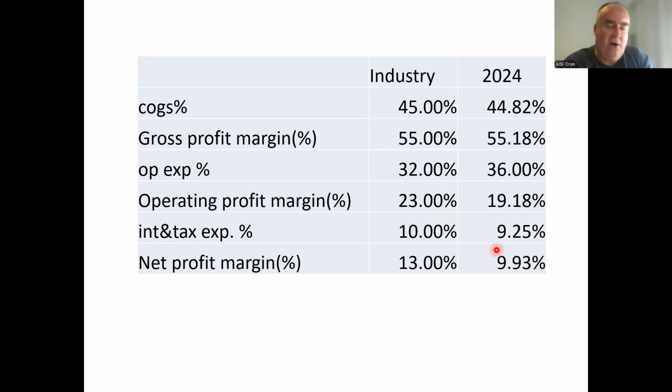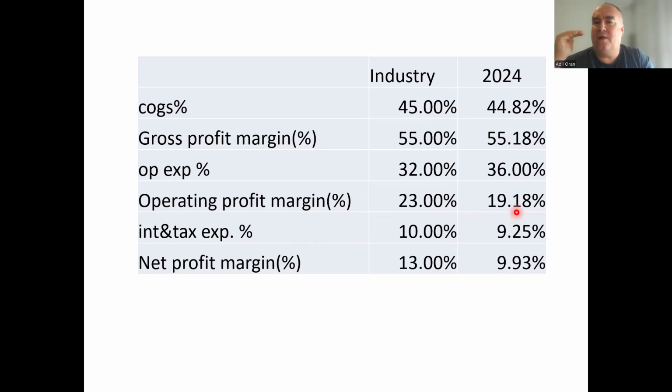So there's a higher amount of debt being used in our company. With higher debt, if we have a similar interest rate to the industry, then if anything, the interest expense should actually be higher.